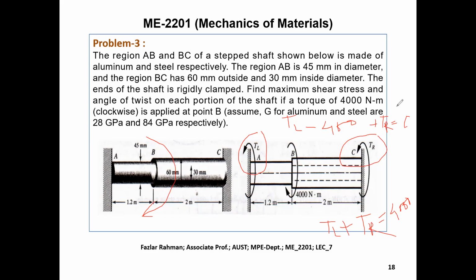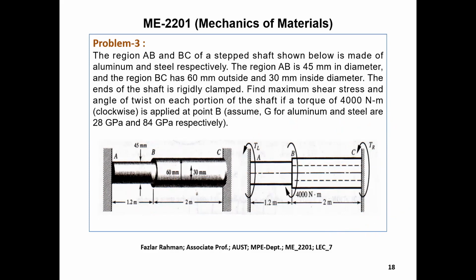So anyway, you can figure out this equation. So you see, we have two unknowns, so we need one more equation to solve this problem, to find the values of TL and TR.